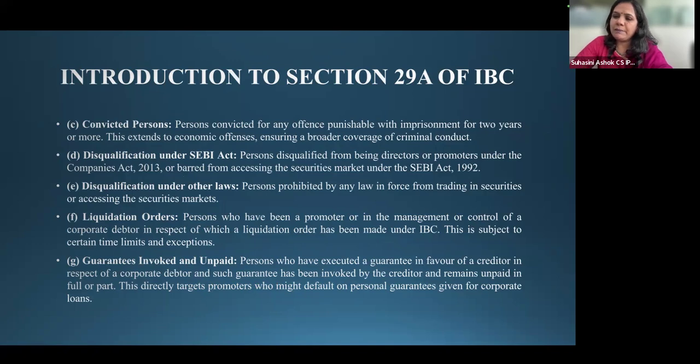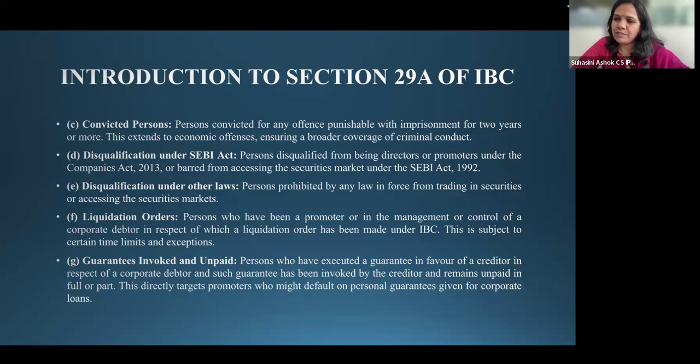So I have one example. In one of our cases, the promoter was barred by SEBI. There was an order from SEBI disqualifying him from being a director of any SEBI registered intermediaries, and also barring him from participating in the market. So there was a specific order, but this order was challenged.